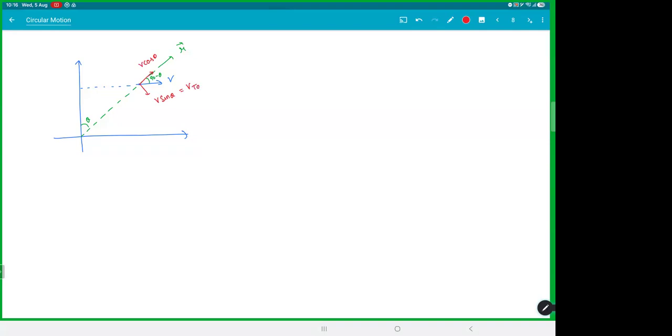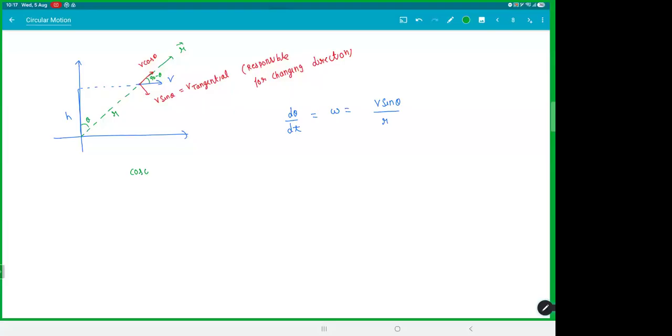This is your v tangential. This is responsible for changing the direction. So omega, d theta by dt, that's the rate of change of angle, is nothing but v sin theta by r. And we know this height is h and this is r.